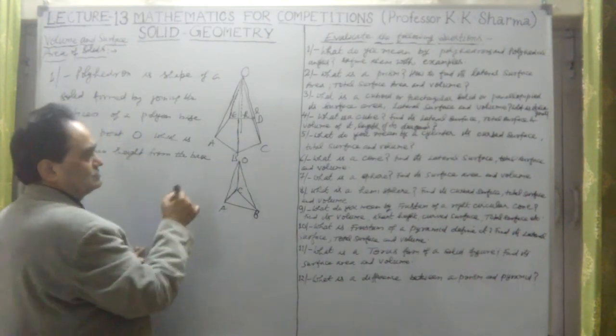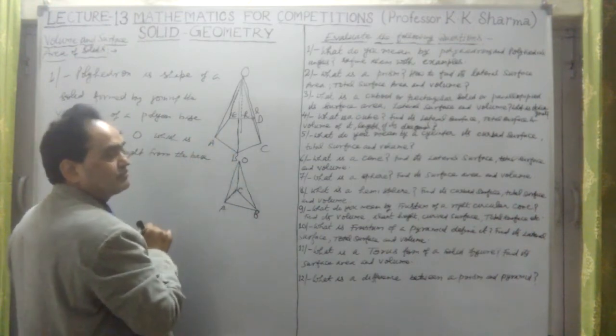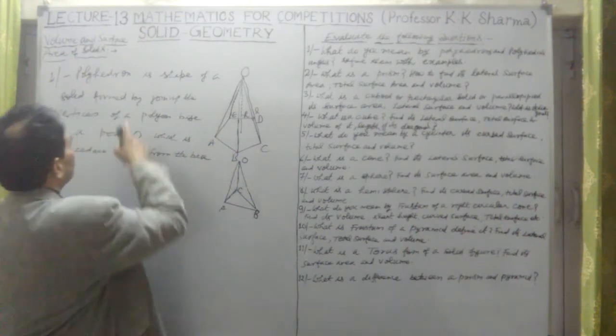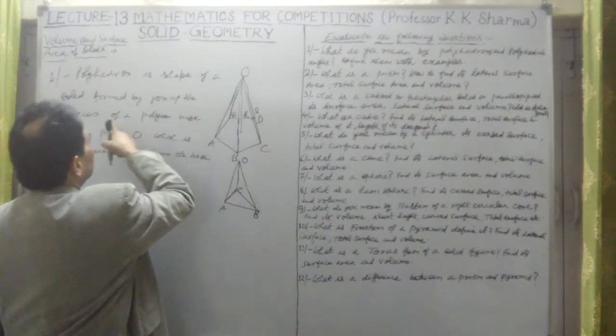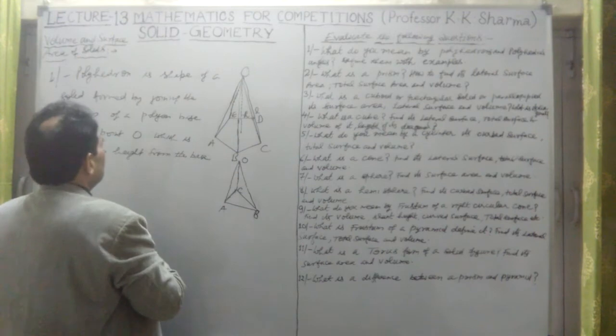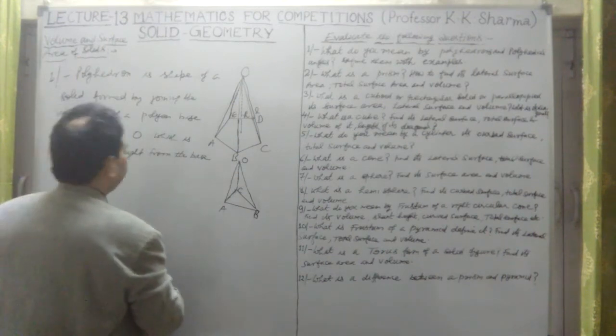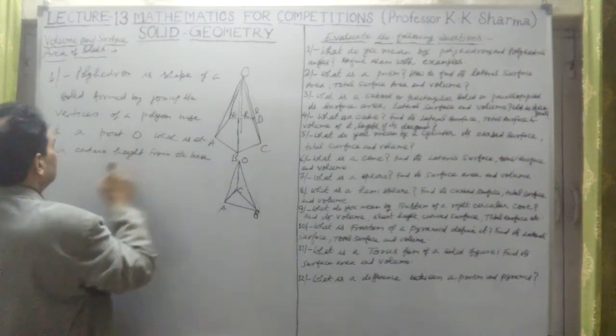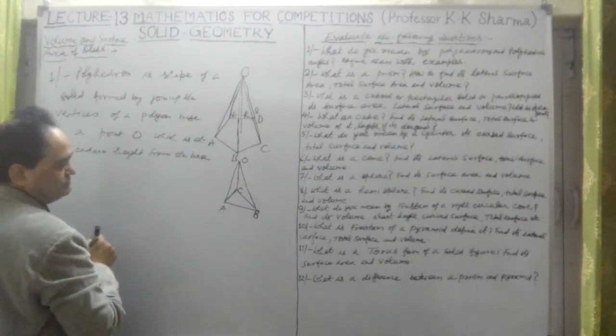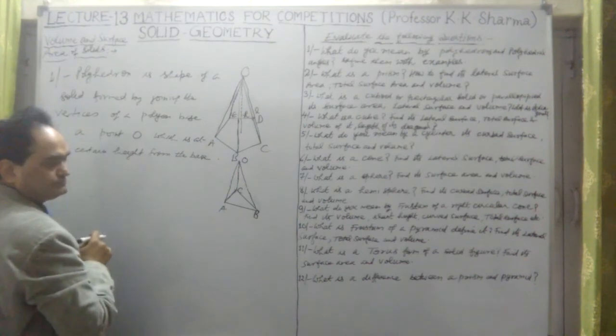That's known as vertical height. This is the polyhedron figure. A polyhedron is a solid formed by joining the vertices of a polygon base to a point O, which is at a certain height from the base.